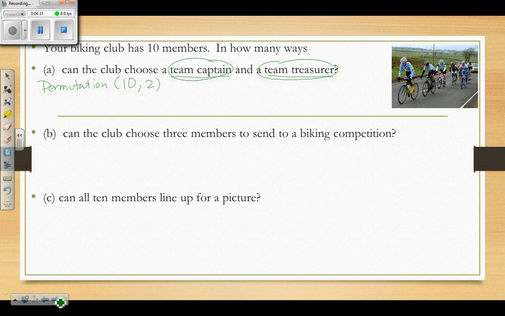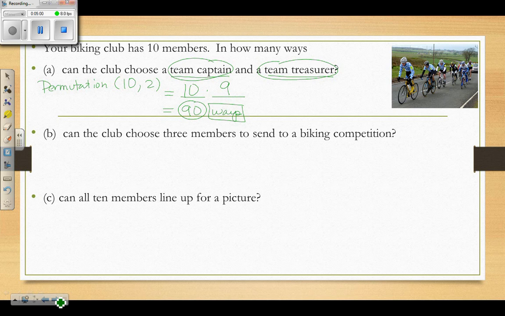If, let's say, John is my team captain and Barbie is my team treasurer, that would be different from Barbie being my team captain and John being my team treasurer. So order does matter here. That's why it's a permutation of 10 things taken 2 at a time. So we're going to have 2 blanks starting with 10 and then going down to 9. The answer is there are 90 different ways that our club can choose a team captain and team treasurer when we have 10 members.